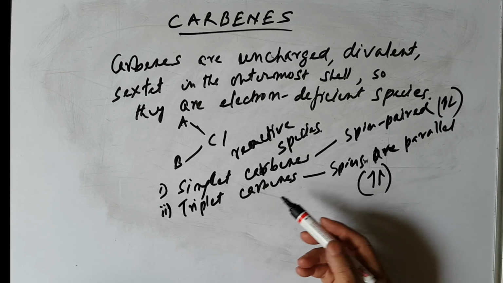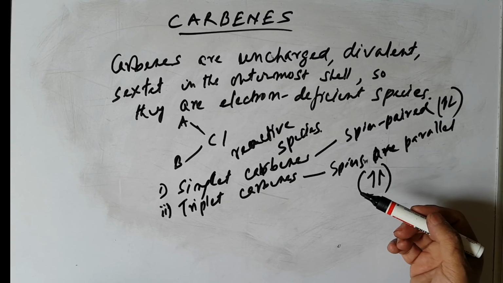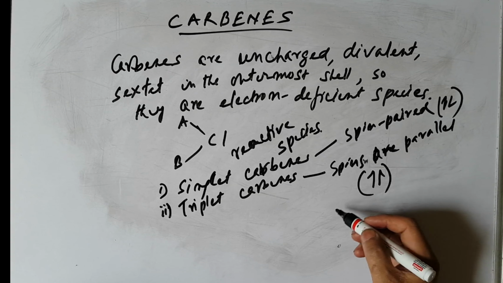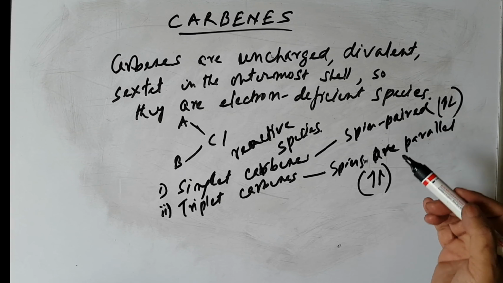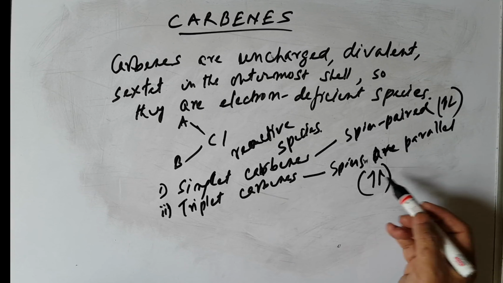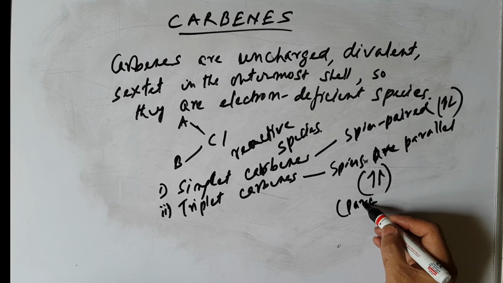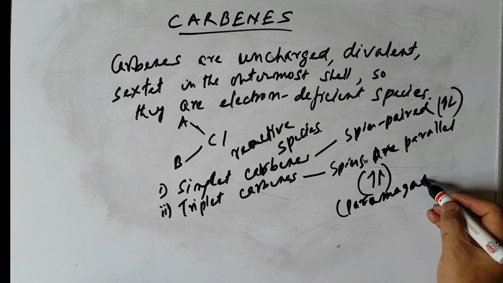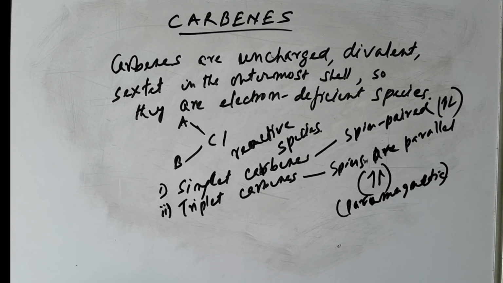In the case of triplet carbene, the spins are parallel, and the total spin of the triplet carbene is one. That is paramagnetic. So triplet carbenes are paramagnetic. This is the difference between these two types.